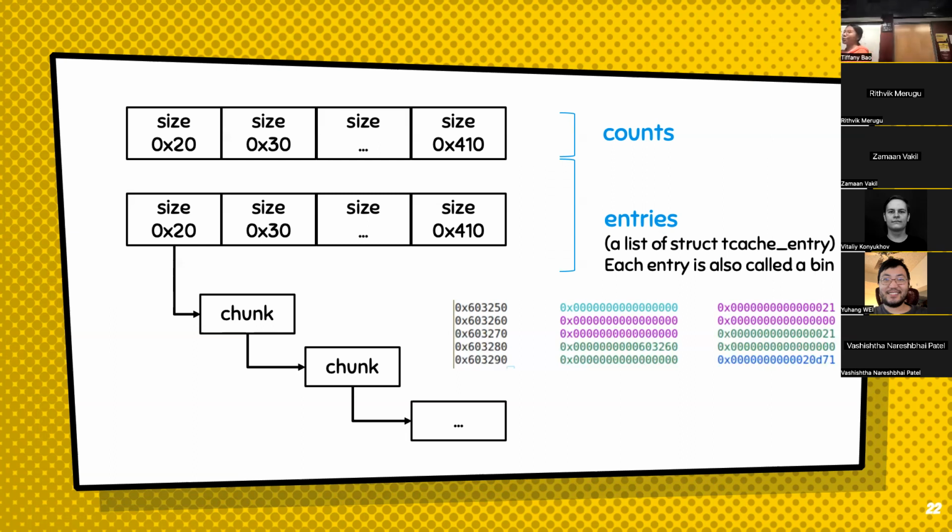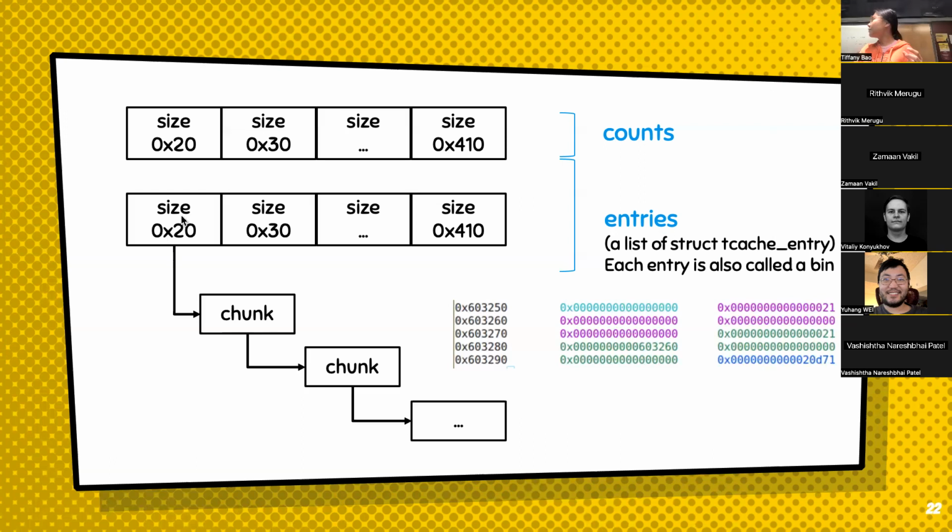And the cache has a chain for every class of chunks with the same size. So if you look at the Tcache entries, which are also called Tcache bins, each entry, or each bin, represents a chain of chunks with the same size.